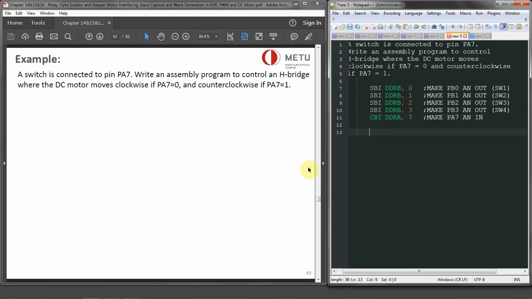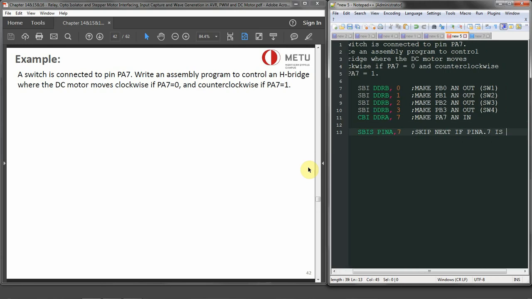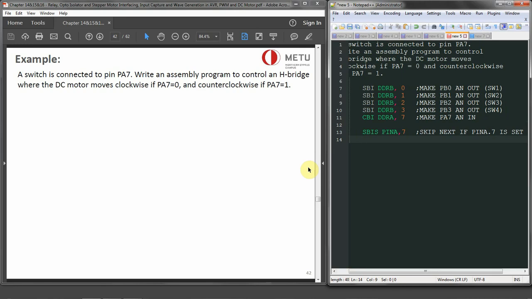We have to check pin 7, so that means we can do SBIS PINA, 7, which means skip next if pin A7 is set. So we have to skip, so we can have our jump to the clockwise subroutine, which we'll do at clockwise if PA7 is 0.